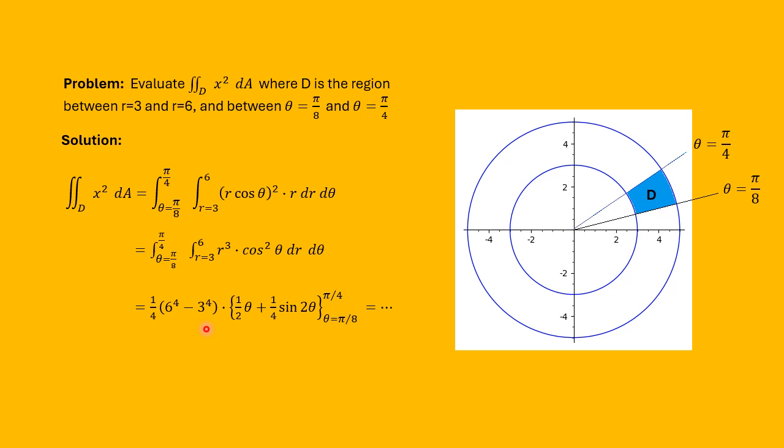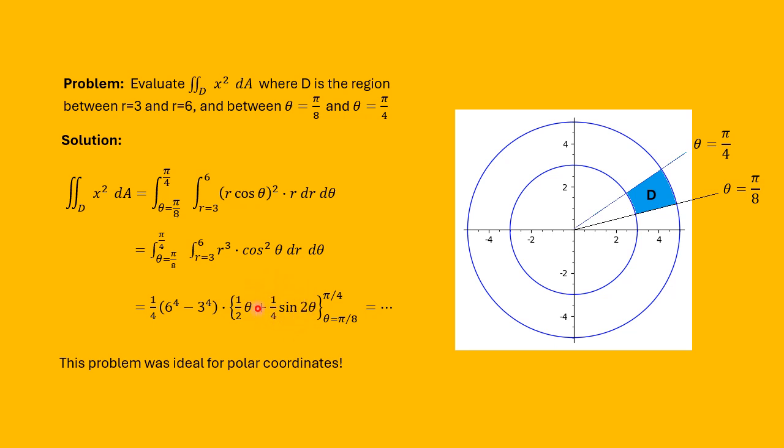The integral of r cubed dr is 1/4 r to the 4th, and we're evaluating that at 6 and 3 and subtracting. So that explains this factor right here. And when we integrate cosine squared theta d theta, where theta goes from pi over 8 to pi over 4, this is the antiderivative of cosine squared theta.